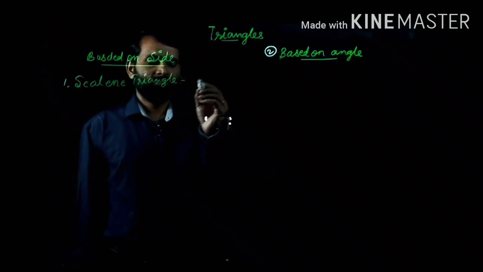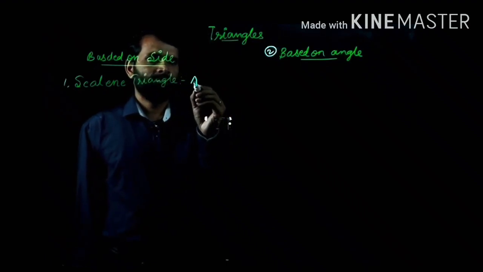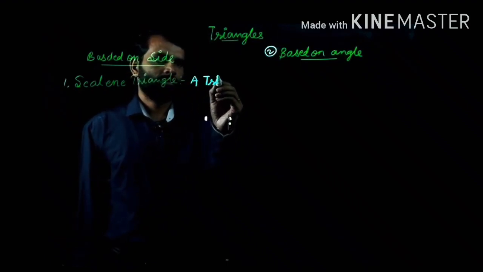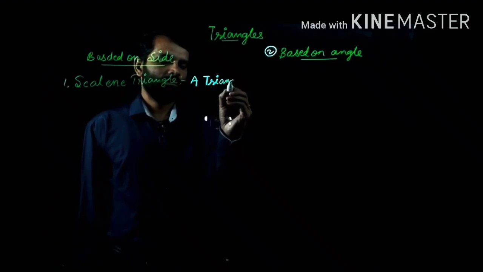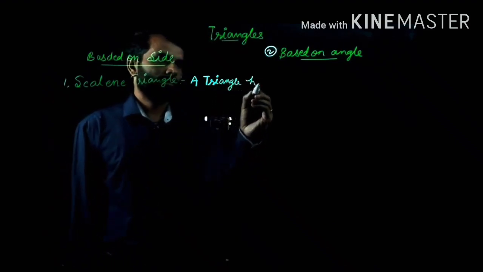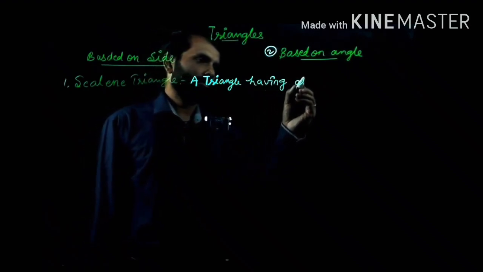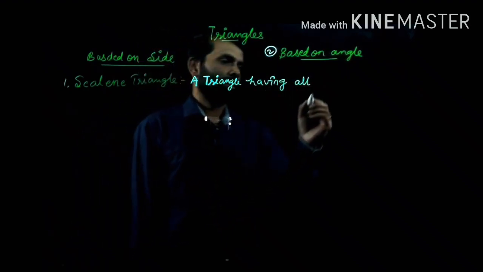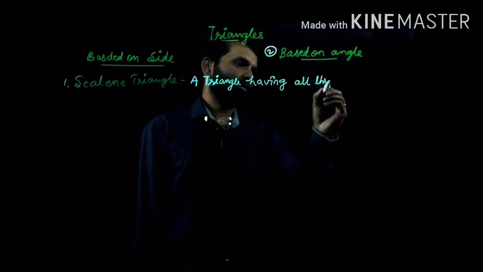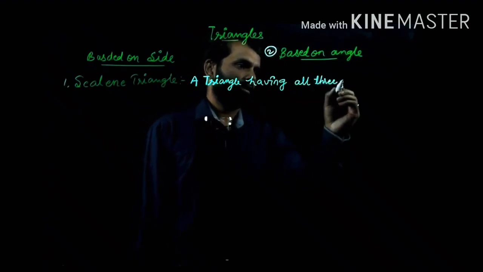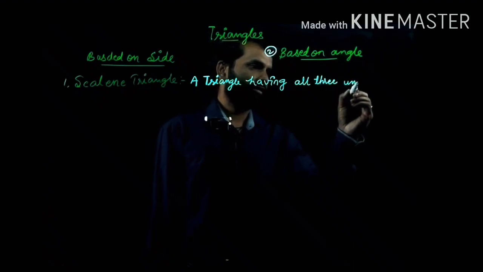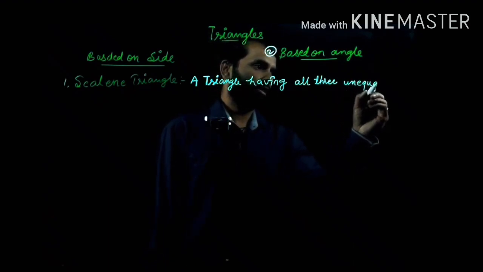The definition of a scalene triangle: a triangle having all three sides unequal. How many sides? Three sides.